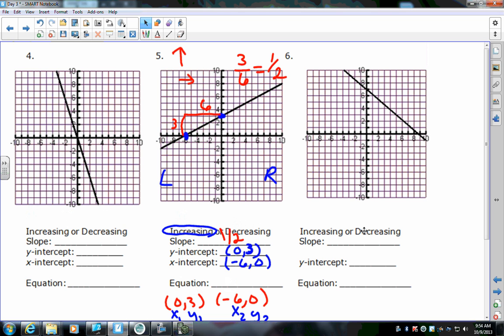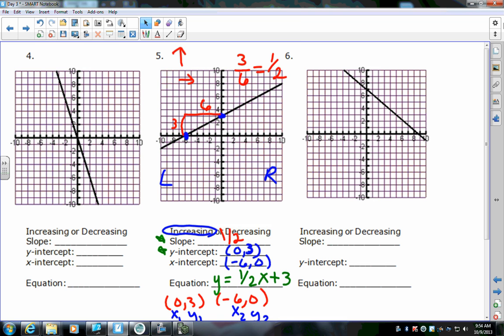Now, what two pieces of information do I need to write my equation? I need my slope and my y-intercept. So I have y equals, then I put my slope, which is 1/2 x, and my y-intercept, which is plus 3. There's my equation.